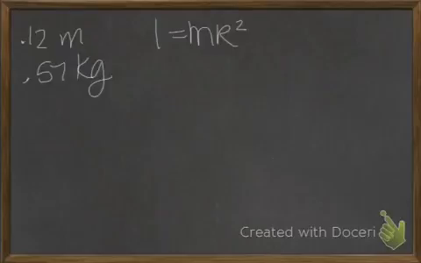Okay, our equation is inertia equals mass times the radius squared. Our radius is 0.12, our mass is 0.57.